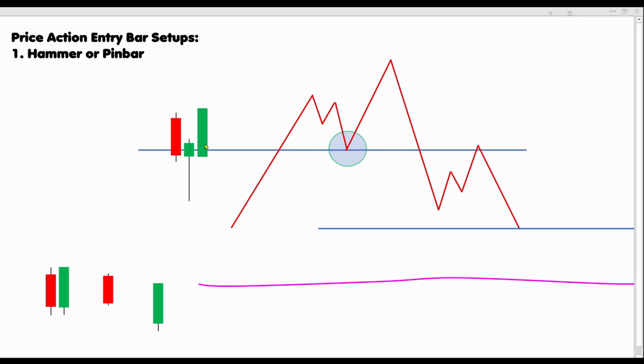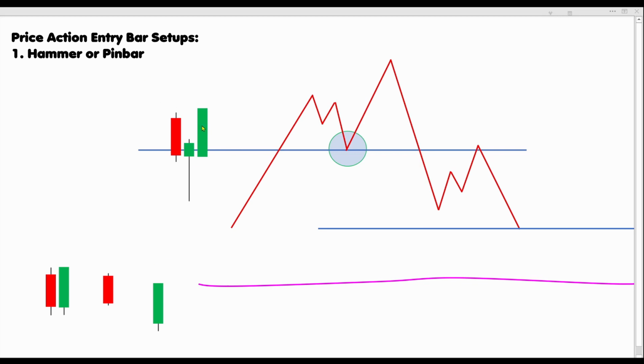But that depends on the trading style. Some people like to use the stop market order 1 tick above, and you can use that also. I use this with a stop limit order.